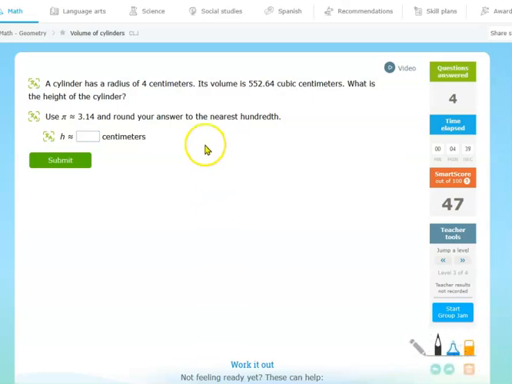All right, so let's start off by just writing out our formula. So volume equals 3.14 times the radius squared times the height. Let's fill in all of the numbers that we know. It says that a cylinder has a radius of 4 centimeters and the volume is 552.64. So we know the volume.